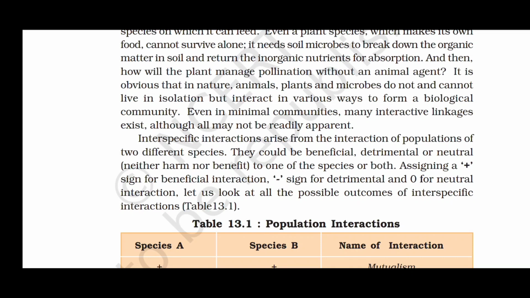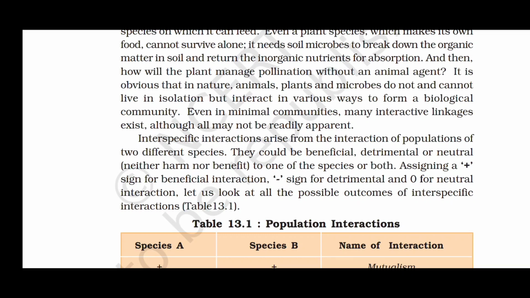They could be beneficial, detrimental, or neutral, neither harming nor benefiting one or both of the species, assigning a plus sign for beneficial interaction, a minus sign for detrimental, and 0 for neutral interaction.